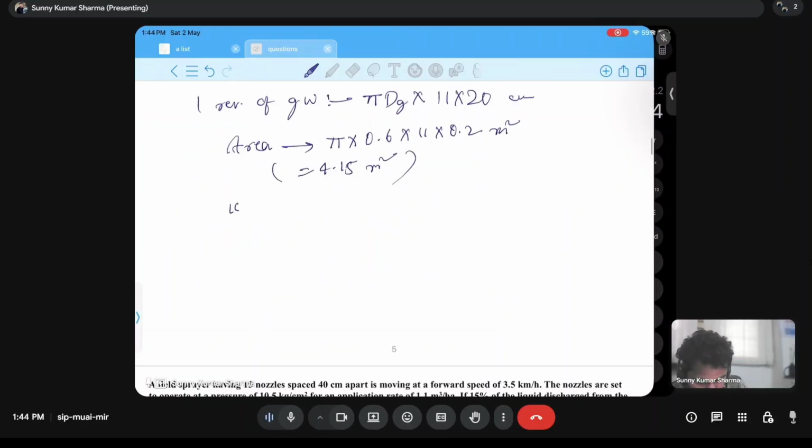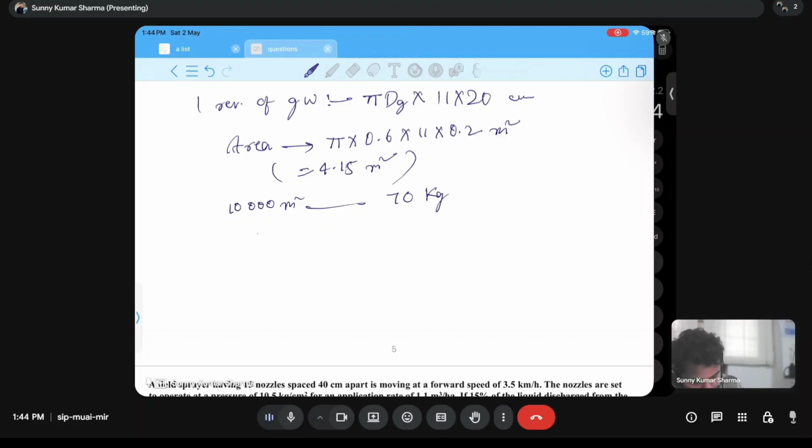Means for 10,000 meter square we need 70 kg.